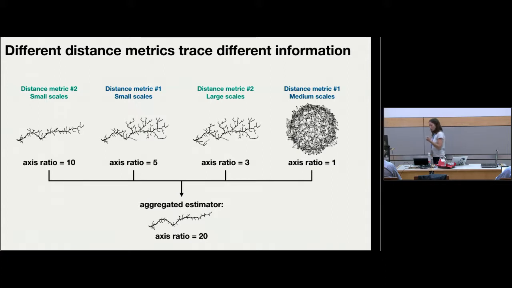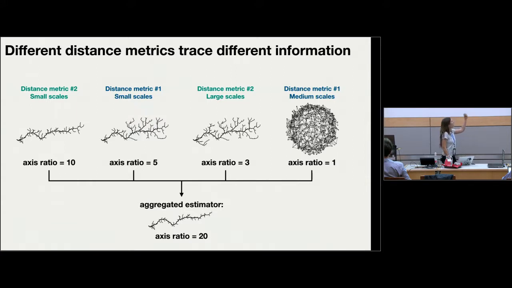So basically what we can do now is take various metrics and apply them, measuring distances on different scales on the data, resulting in different minimum spanning trees with different axis ratios. We can aggregate all of this information into our final sequence with a final axis ratio.